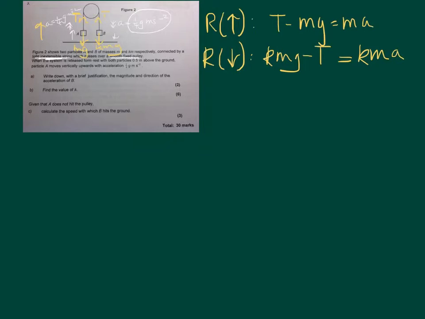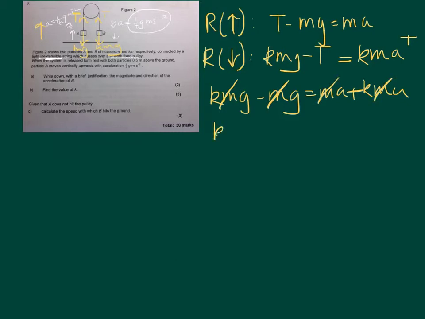Right, now we can add these together, and we get kmg minus mg, because the T's are going to cancel, and that's equal to ma plus kma. Now we can cancel all these m's, and then we'll get kg minus g equals, let's put in a as well because we know that, a quarter g plus k times a quarter g.